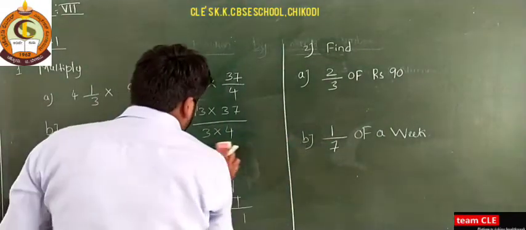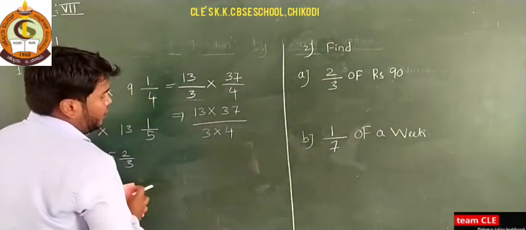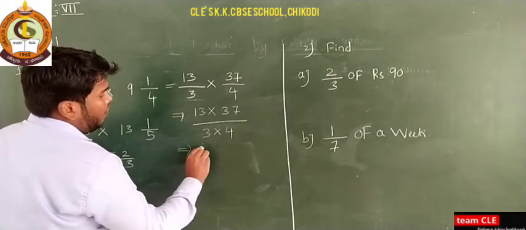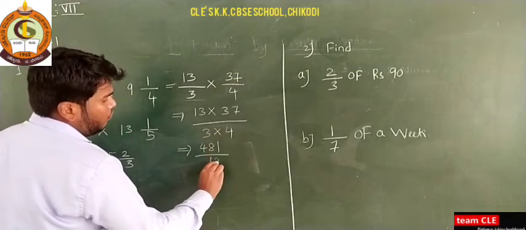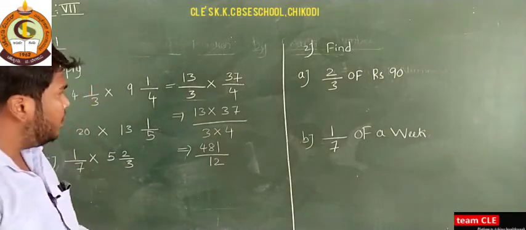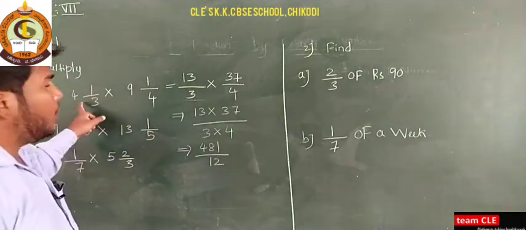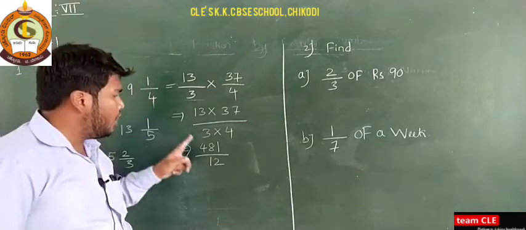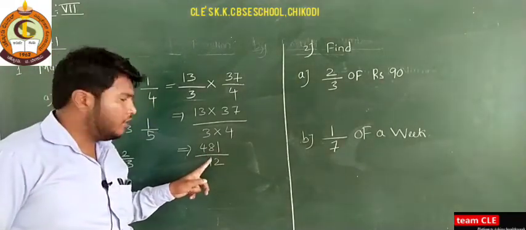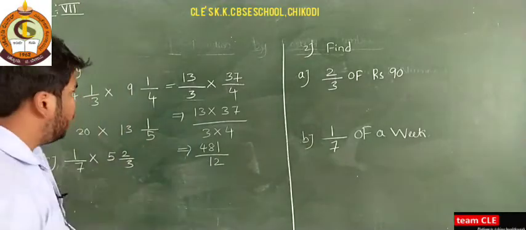So you will get the numerator as 481. You can write this as 481 whole divided by 3 4s are 12. If you multiply 4 integer 1 by 3 into 9 integer 1 by 4, the answer you are getting is 481 by 12. Okay, so please note down the first problem.